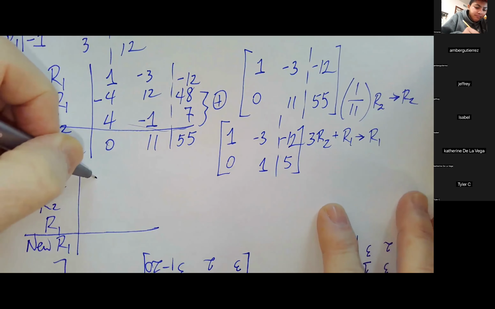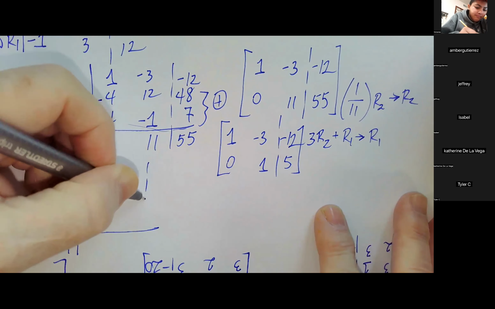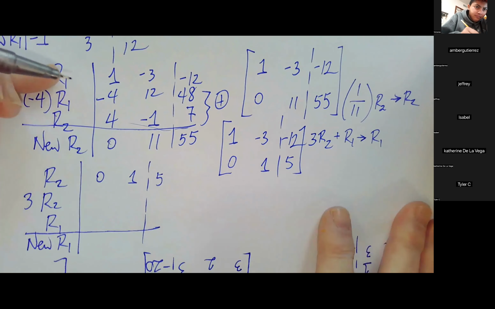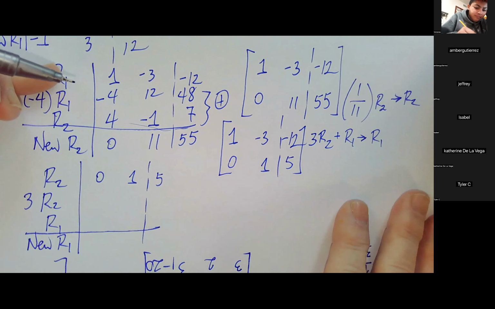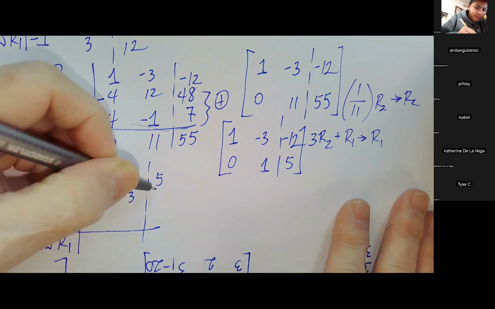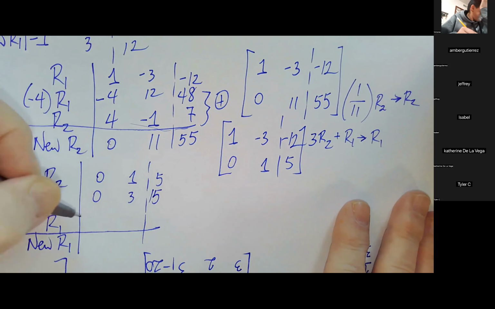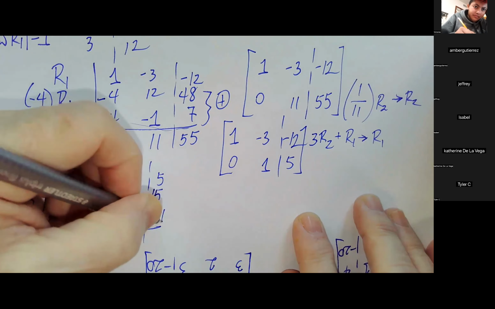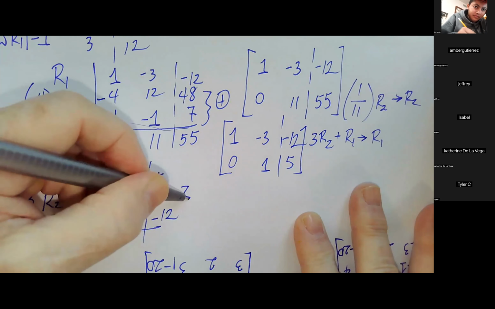Row 2 is 0, 1, 5. What is 3 times row 2? 0, 3, 15. All right, and row 1 is right now 1, -3, -12.